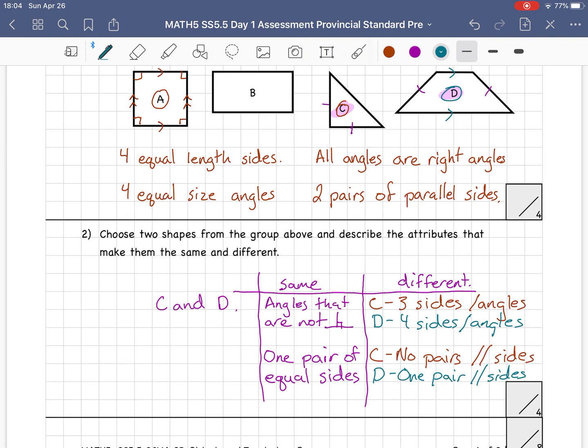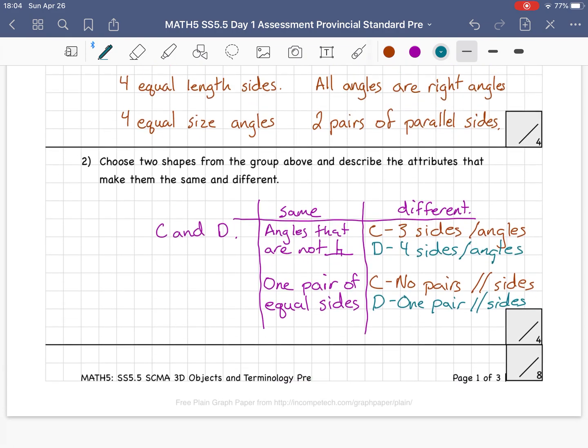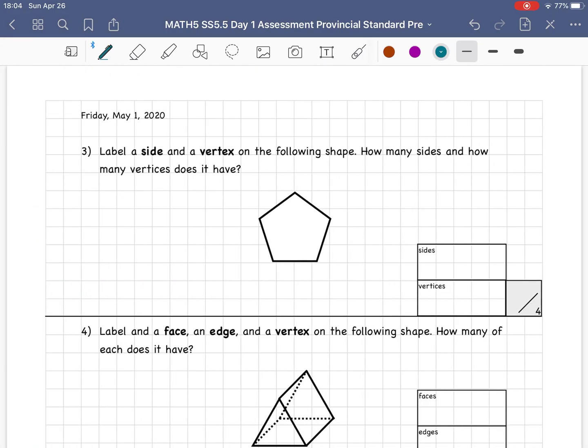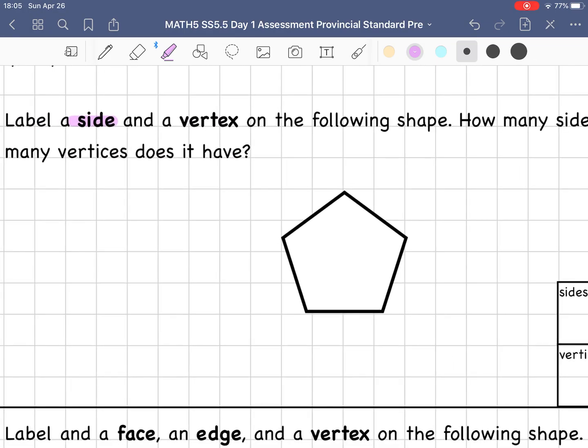You should be able to tell the similarities and differences between shapes like this. Let's go into number 3. Label a side and a vertex on the following shape. How many sides and how many vertices does it have? So let's look at sides. Sides I'm going to highlight in pink.